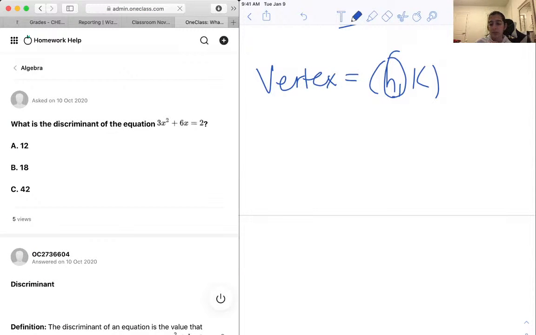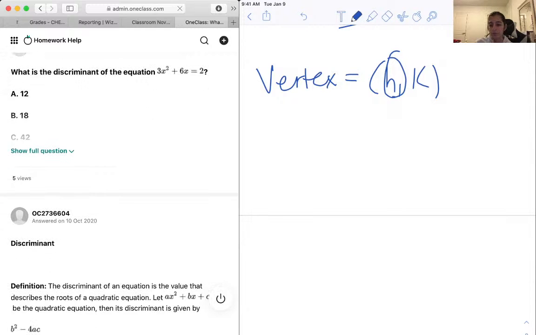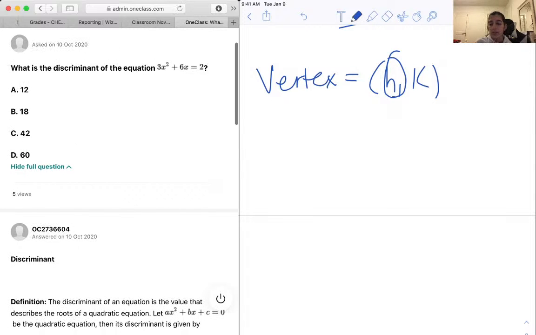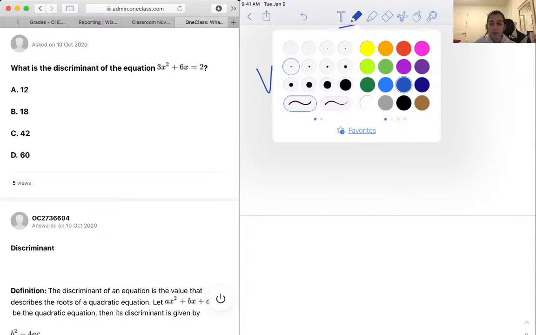Okay. So for this question, solution. If you guys don't remember what a discriminant is, I'm just going to write down the question first.